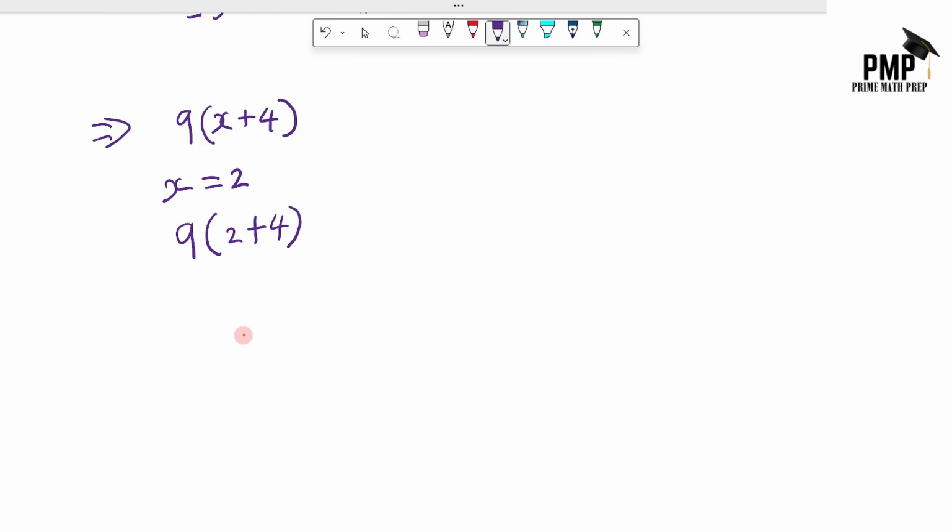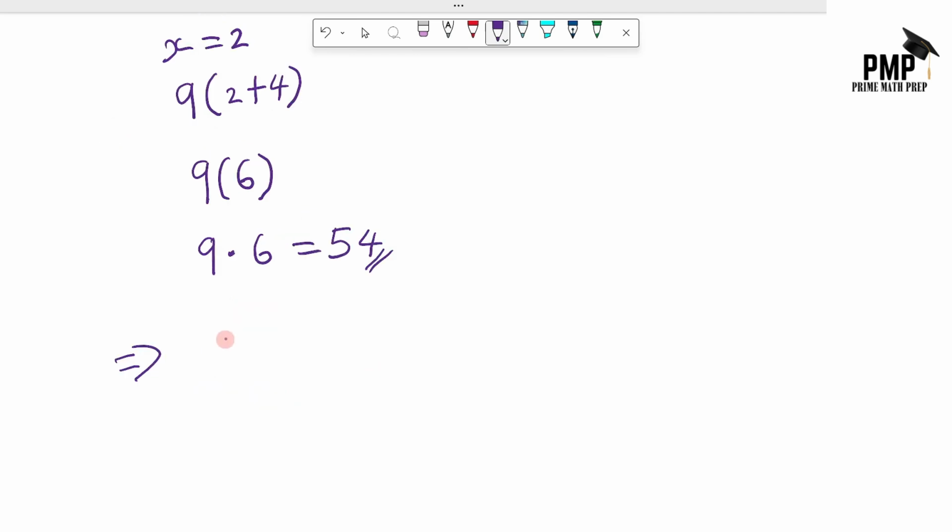If we remember our PEMDAS, parenthesis comes first as our order of operation. So we do whatever is inside this parenthesis first. 2 plus 4 is 6. We expand this. 9 multiplied by 6, 54.